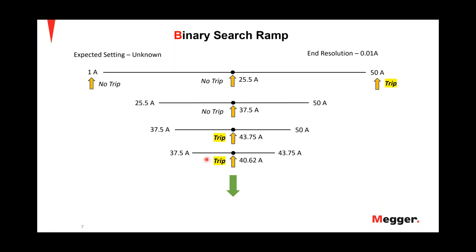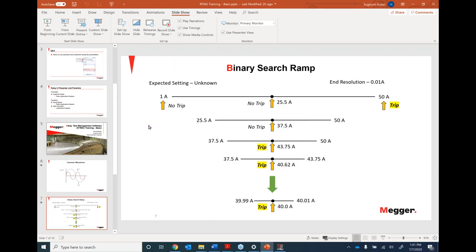It keeps on doing that until it hits an end resolution of 0.01 amps between these two numbers of the range, and it goes up to that accuracy level. So it goes up to this level of resolution and provides the actual trip point of your instantaneous setting. And that is how a binary search works.